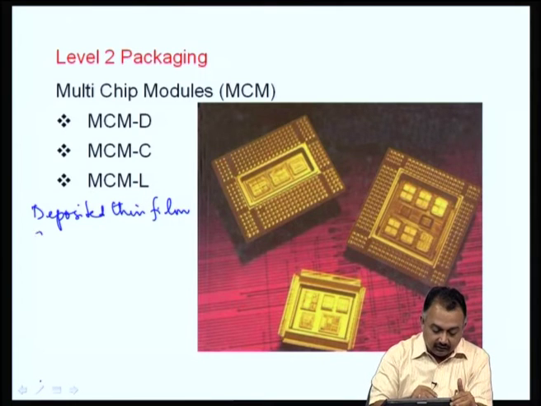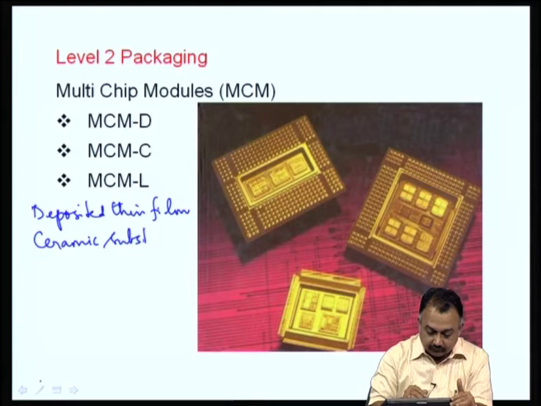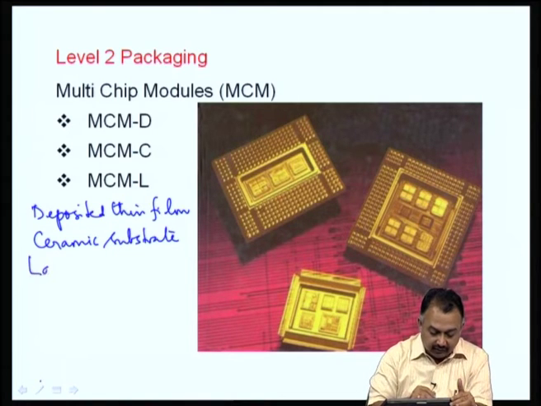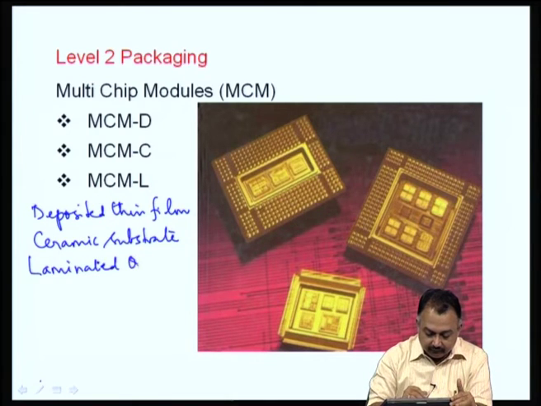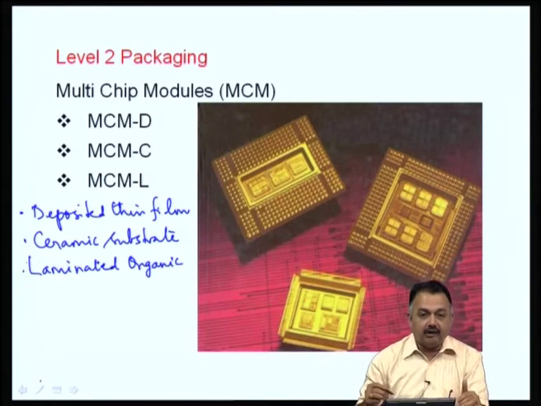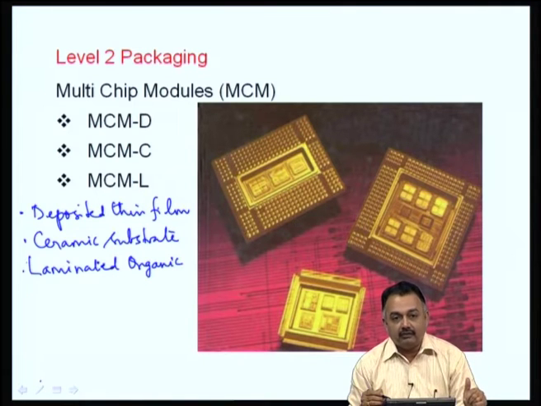MCM-C stands for ceramic substrate, and MCM-L stands for laminated organic material. So, these are the classifications currently available for multi-chip modules.